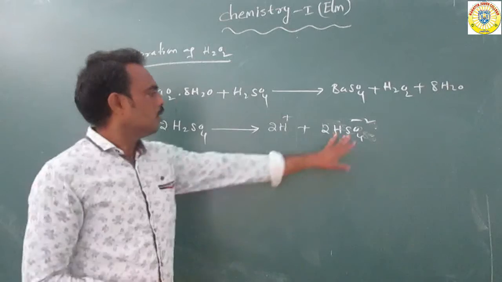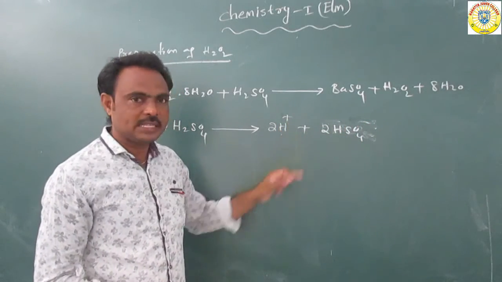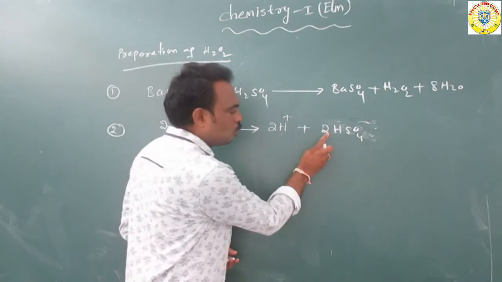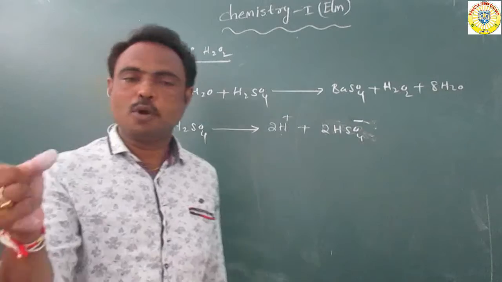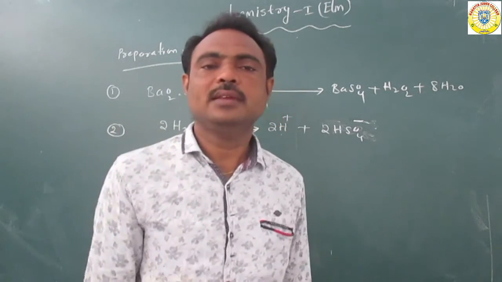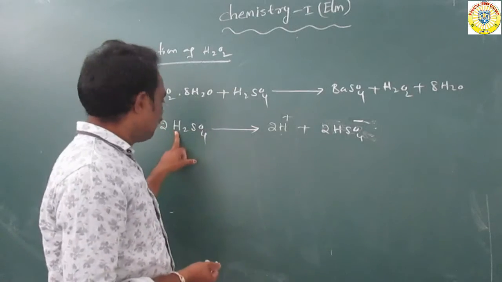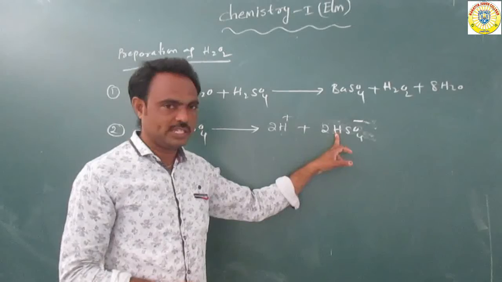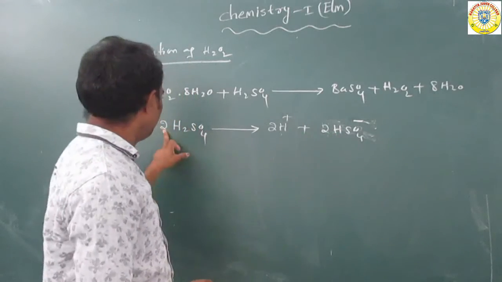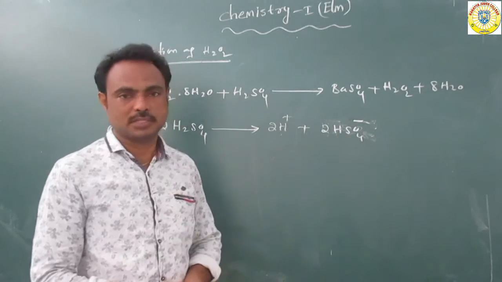So overall two ions form: 2H+ ions and 2HSO4- ions, one positive ion and another negative ion. Overall there are 4 hydrogens, 2S and 8 oxygens.